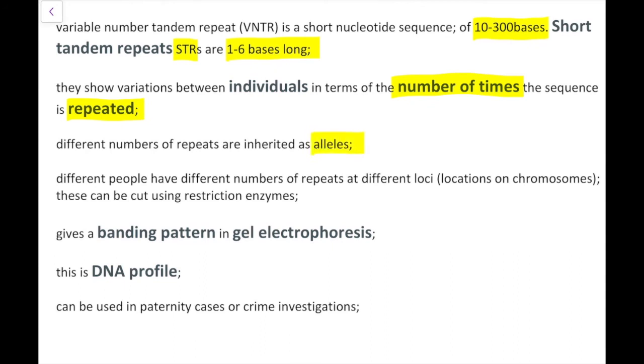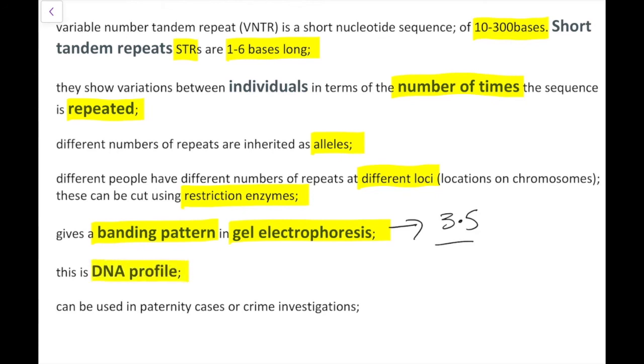So different people will have different numbers of repeats at different locations, different loci. And they can be cut using what are called restriction enzymes, giving a banding pattern that we get in gel electrophoresis. Now we've gone through that pretty quickly. This comes back in 3.5 to do with genetic techniques. And so this is what's called your DNA profile.